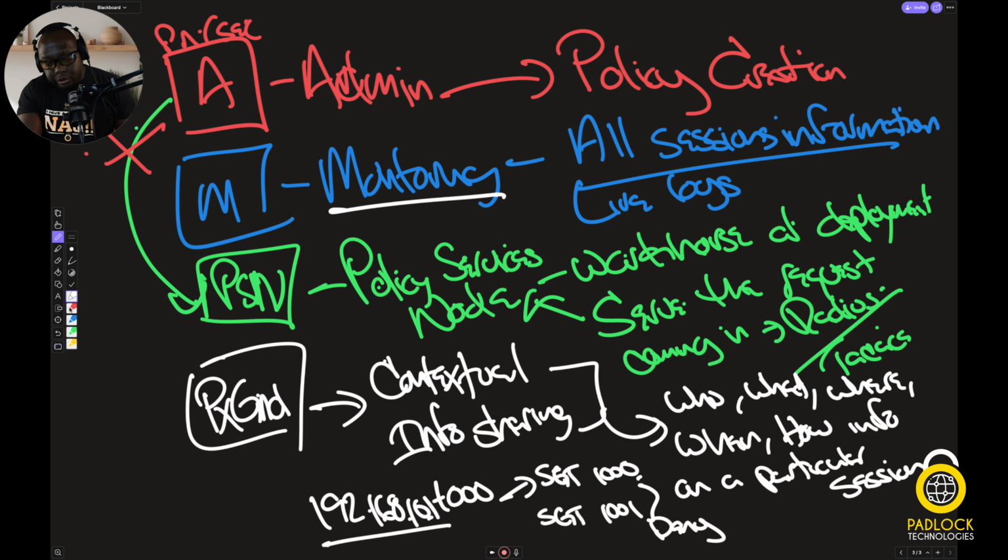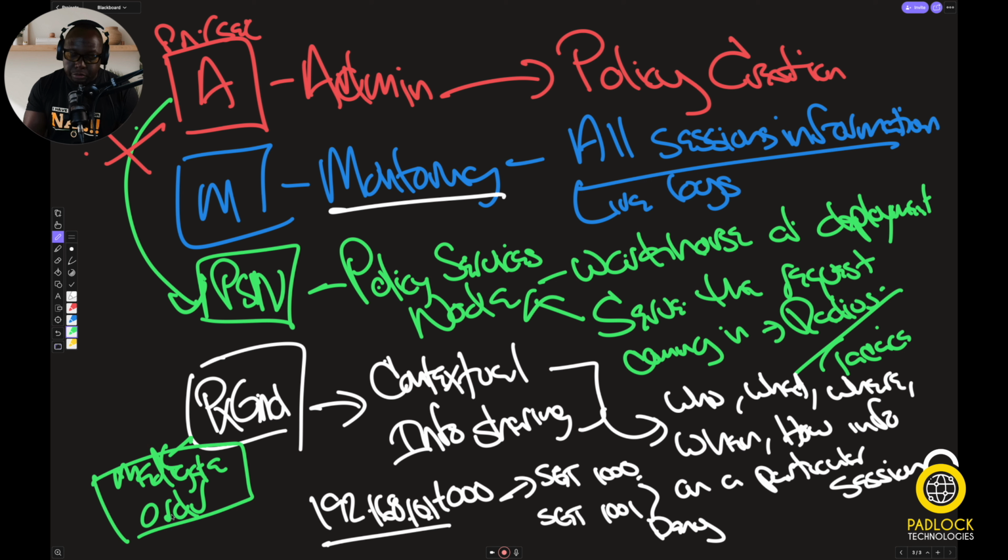If I was using something like, let's say, Medigate or Ordr, which are for medical devices. So if you're in a hospital, this is probably something you should pay attention to. If you're trying to profile devices based on certain attributes, these pieces of software will help you do that.